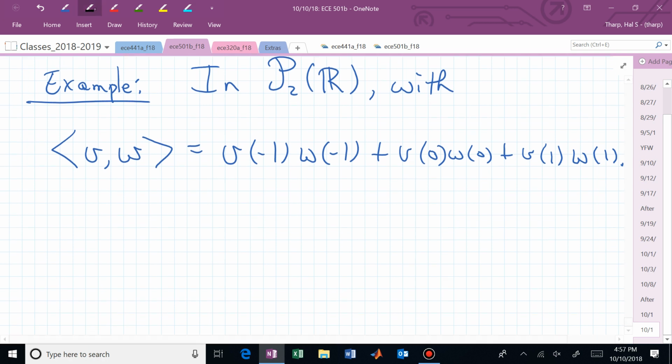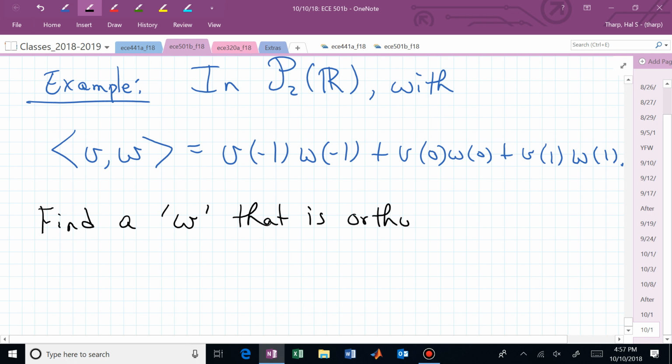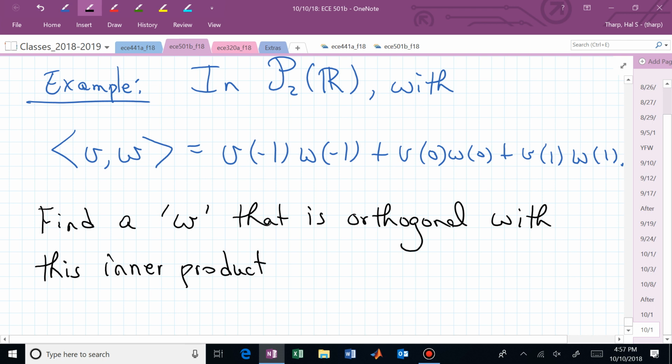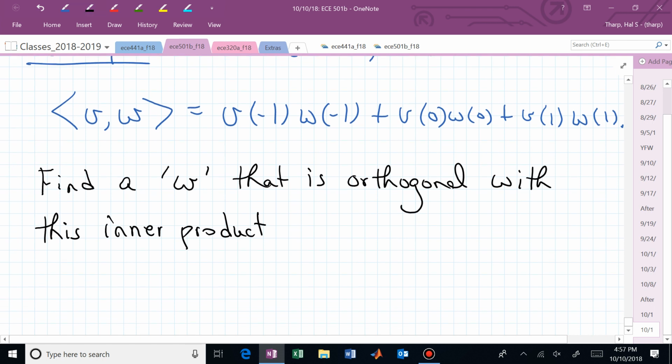And now what we want to do is the following. Find a vector w that is orthogonal, using this inner product. Do you see that it will depend on the inner product how our vectors are orthogonal or not?